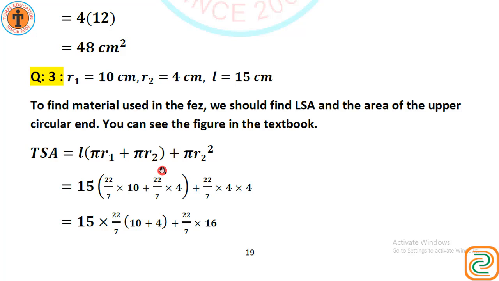Area of material, that is the same question, but here one end is closed, right? One end is closed, and now total surface area equals pi L into (pi r1 plus pi r2), which we have taken in the second question, plus pi r square, that is the area of the circular end.